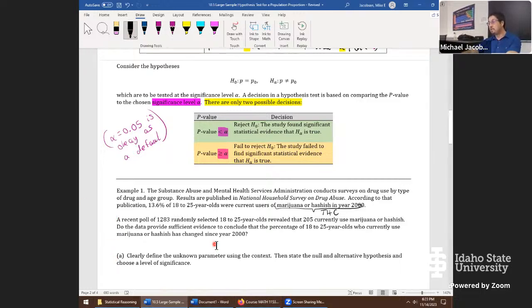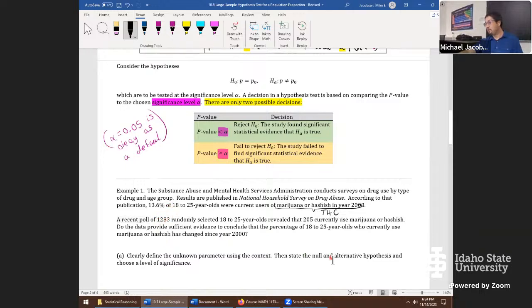Then it goes off to say, well, this was from a year 2000 study. They found 13.6% are users of THC. And now it says a recent poll. Curiously, there's no date on that, but let's just imagine it was 2023. This is the portion where the problem is now made up. None of this data is real, but it makes for a great statistical problem still.